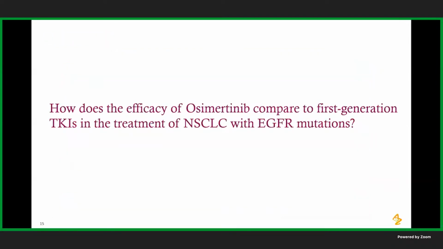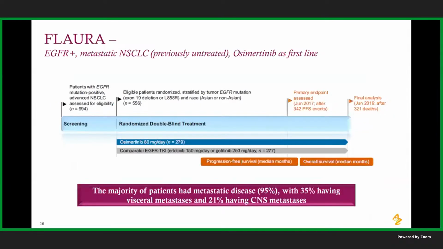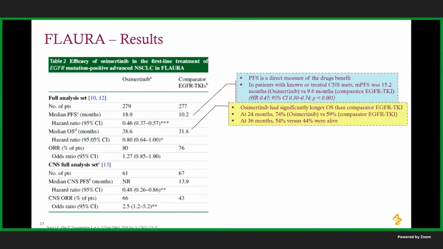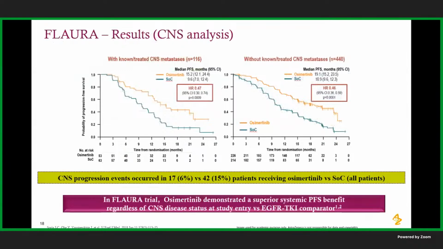So how does the efficacy of osimertinib compare with first generation TKIs? We know the FLAURA trial. The FLAURA trial basically was a comparison of standard of care with osimertinib, and the Kaplan-Meier curves start separating pretty early in both patients with known CNS mets or without known CNS mets.